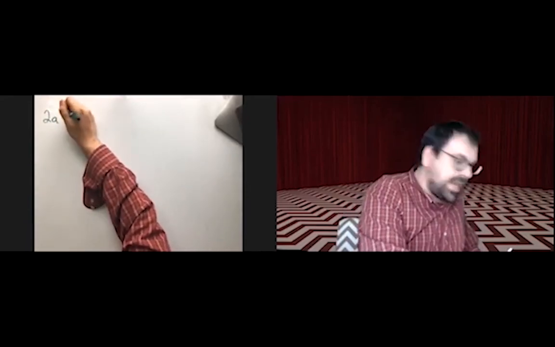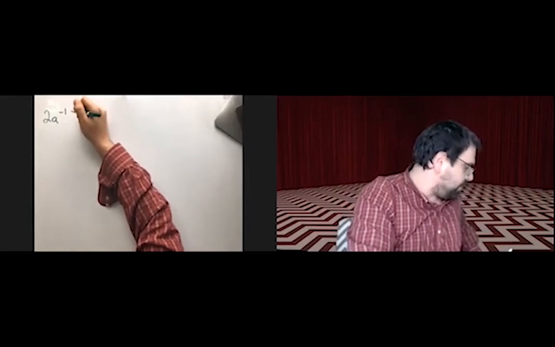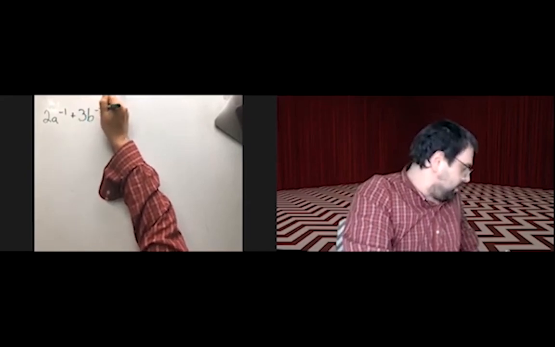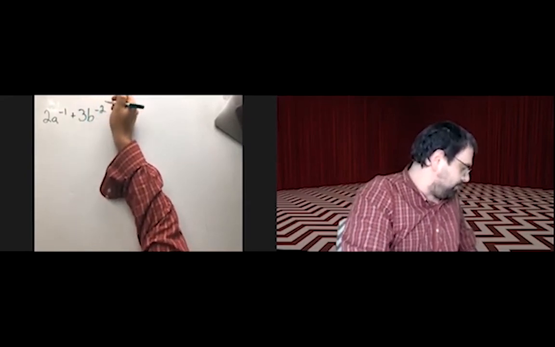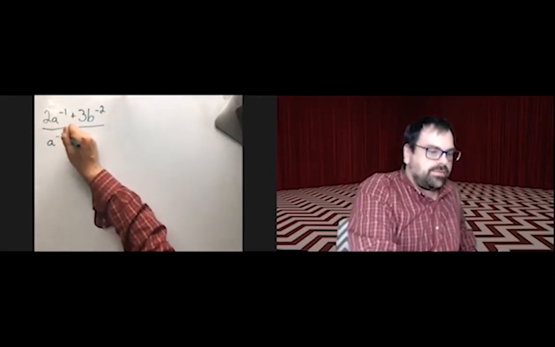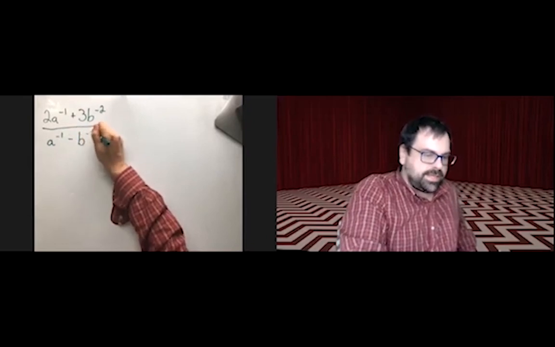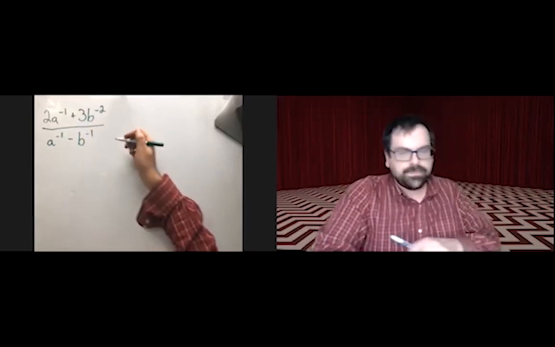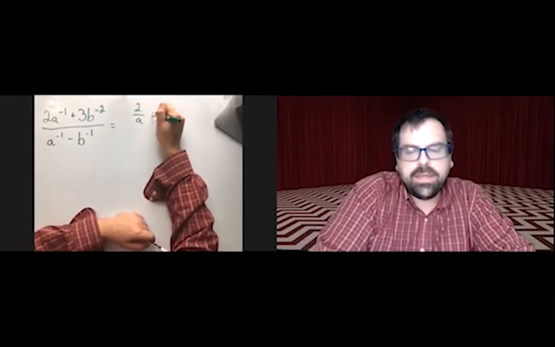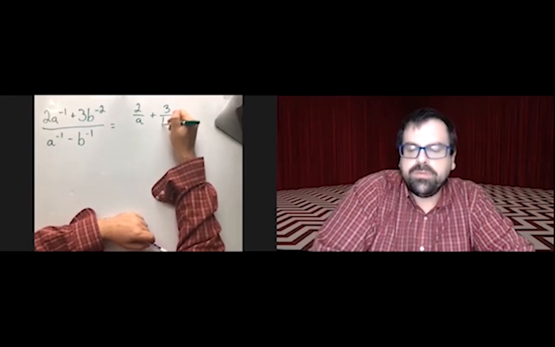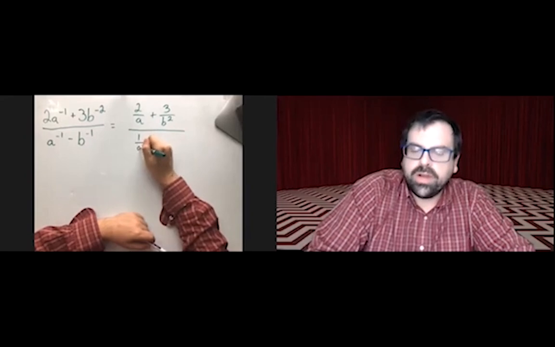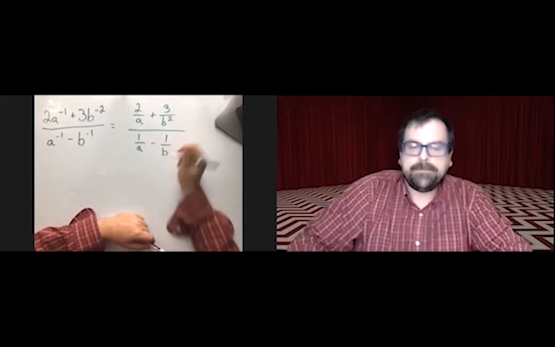The last one we'll do with negative exponents. 2a to the negative 1 plus 3b to the negative 2 all over a to the negative first minus b to the negative first. Rewriting, this is 2 over a plus 3 over b squared, all over 1 over a minus 1 over b.